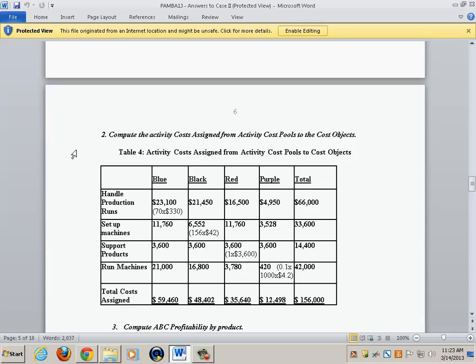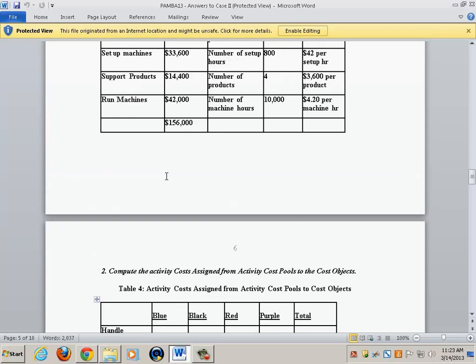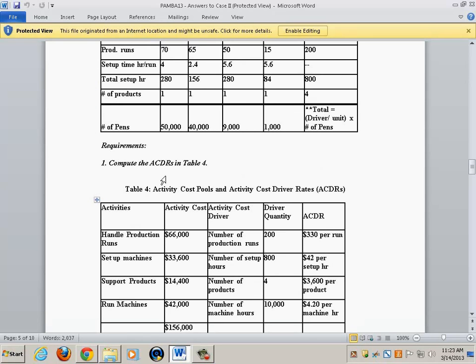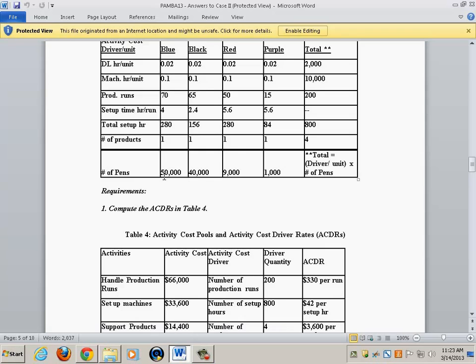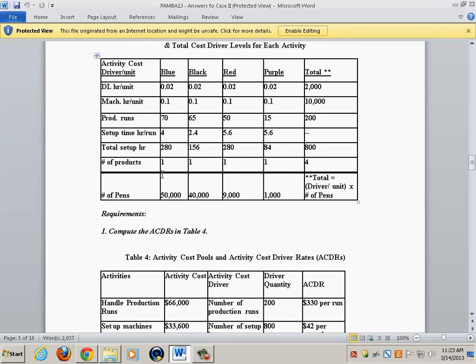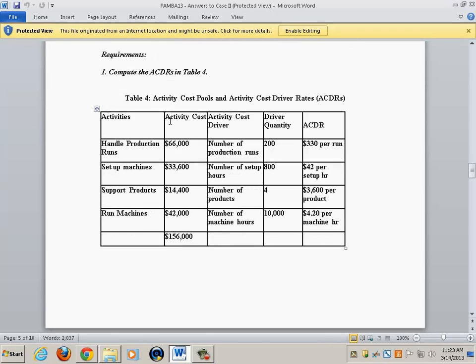And we know that the cost driver that we chose is, so then we ask what are the number of for, and the number of runs that we used for blue production runs for blue is 70. So we use 50 runs.